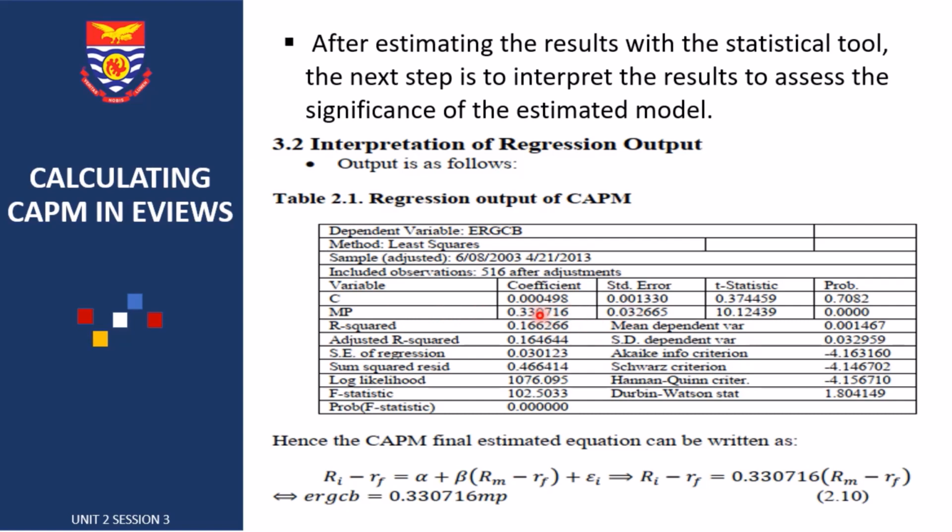It is always advisable to see that your standard error should be less than your estimate for you to be able to accept the model. So the p-value also shows that our result is significant, because we see 0.000. Even if we set a significance level of 1%, still our model is significant, given that we have a 0.000 probability value.